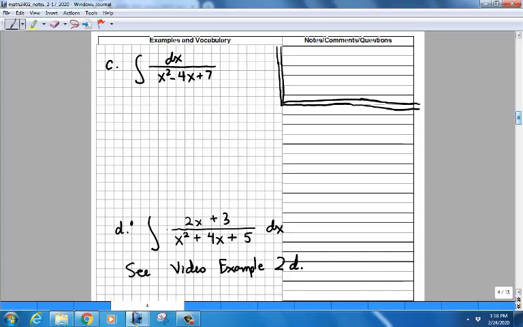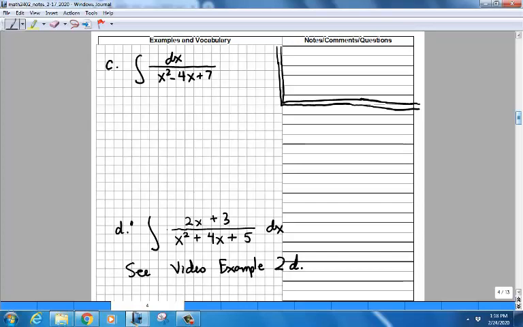The closest it comes to maybe is arctangent, but that doesn't look like a sum of 2 squares to me, at least initially. So at least at the start, it doesn't look like arctangent's very promising for integrating this.